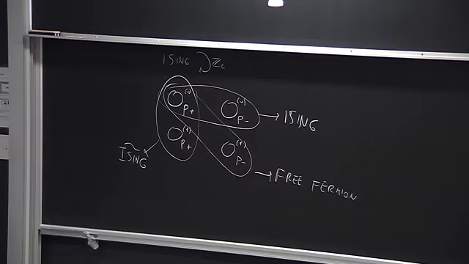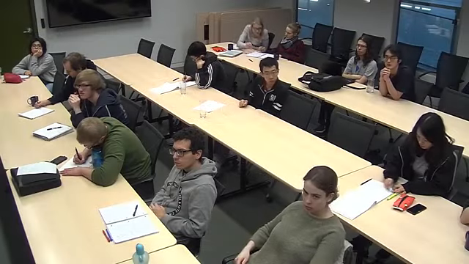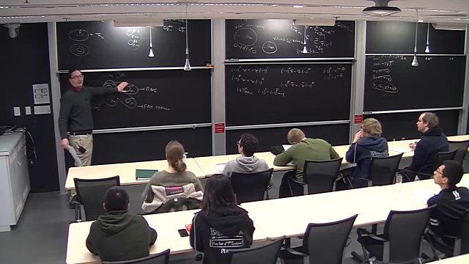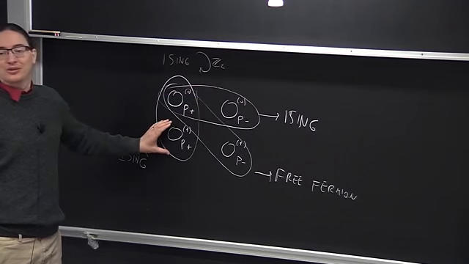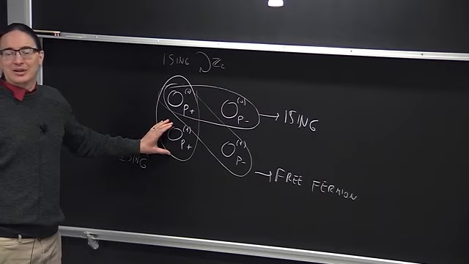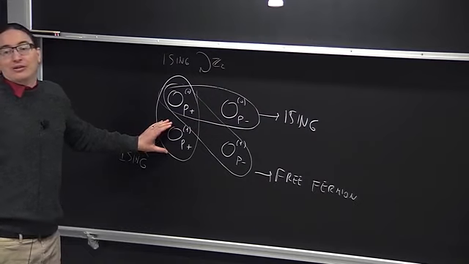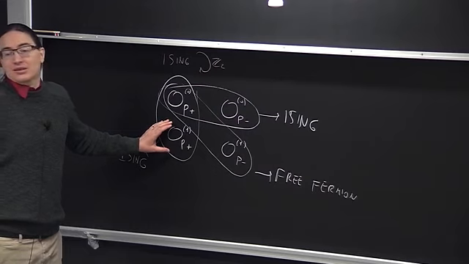Sorry, what is the duality between the two? Oh, they're just two Ising theories. So it just so happened that this collection of operators is identical to this collection of operators in the way they multiply with each other, their dimensions, and so on. This didn't have to be the case. In general, it's not the case.